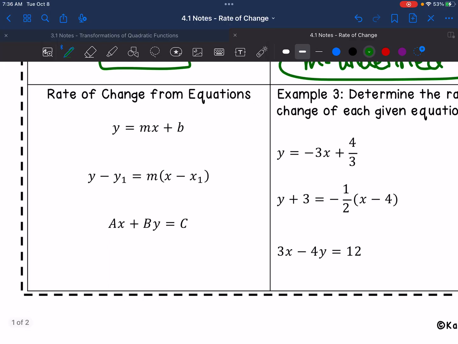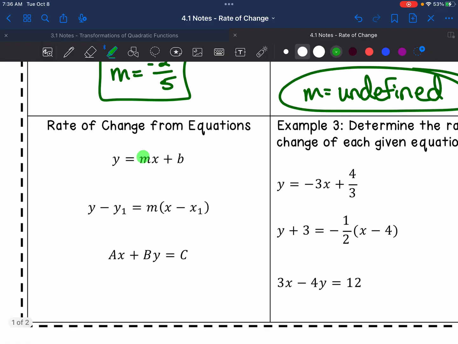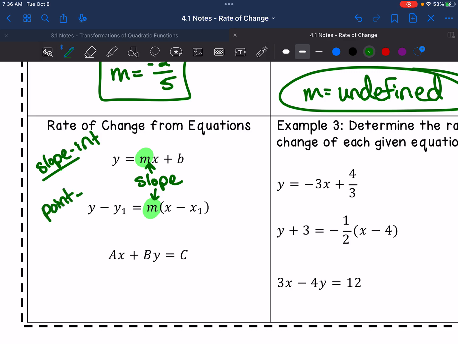All right, so going back to our 3 types of equations, remember m is your slope. That's why we said m equals on all the ones before. So in slope-intercept form and point-slope form, we can see what the slope is just by looking in front of our x. That's why they're called slope-intercept and point-slope, because they tell you what your slope is in the equation.